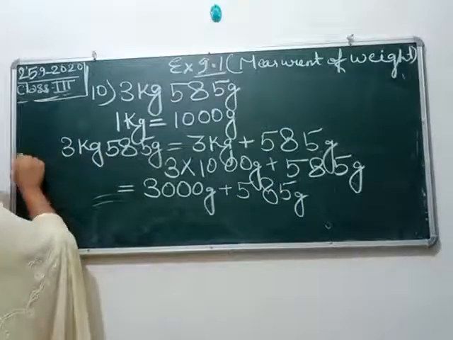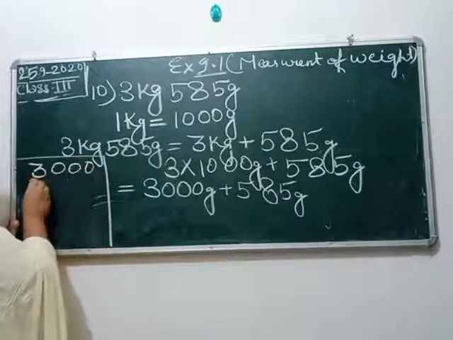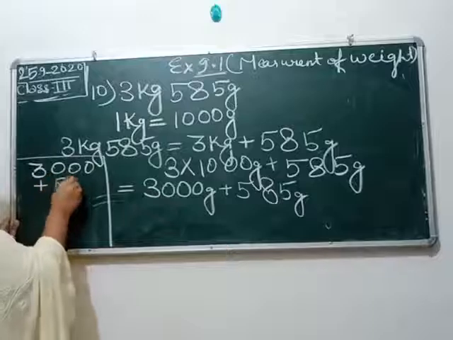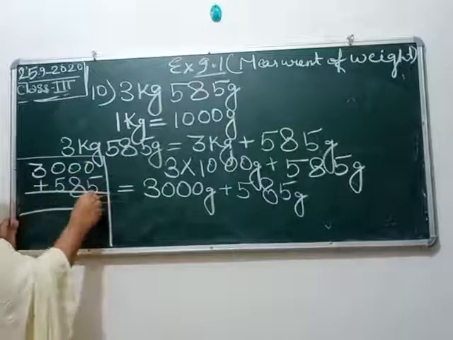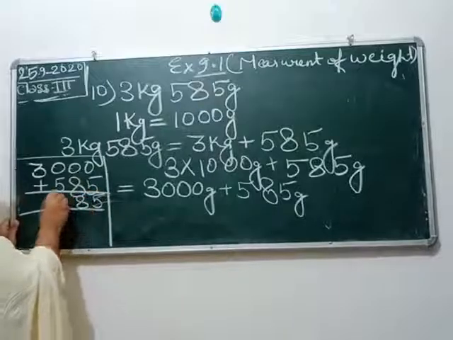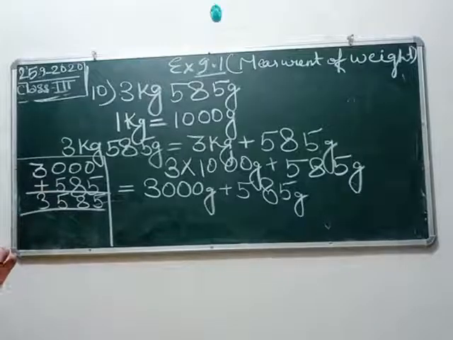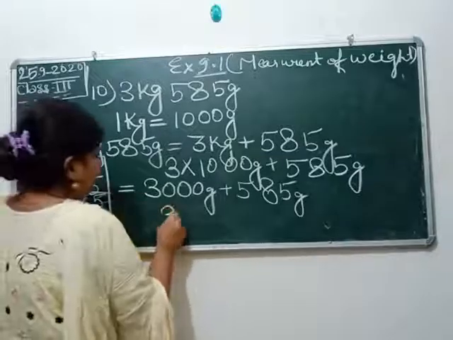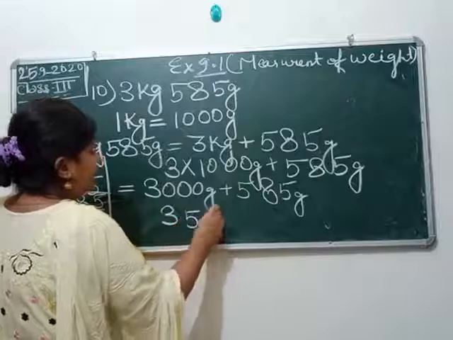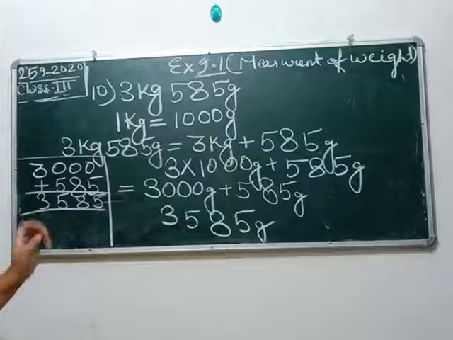Okay. Now 3000 plus 585 gram. Add these two together. 3585. So our answer is what? 3585 gram. Come on. Note it down.